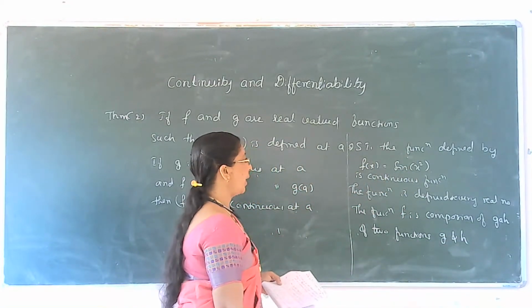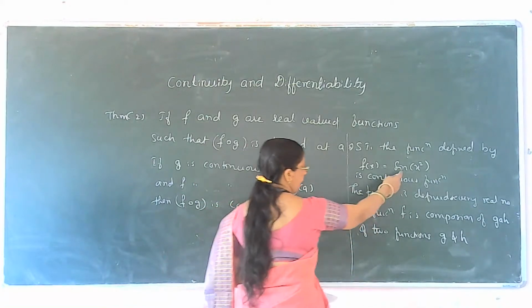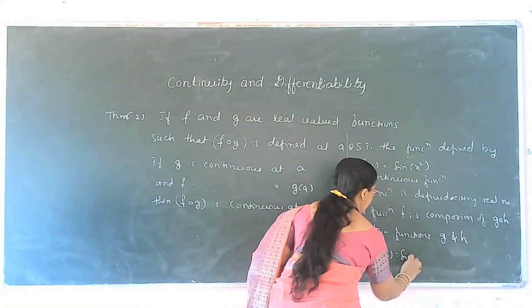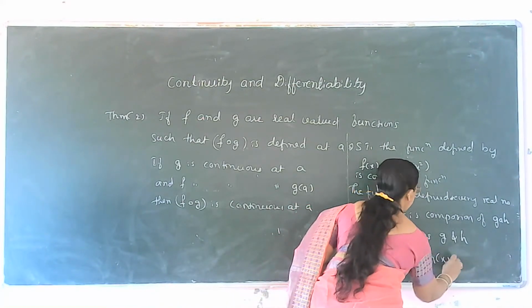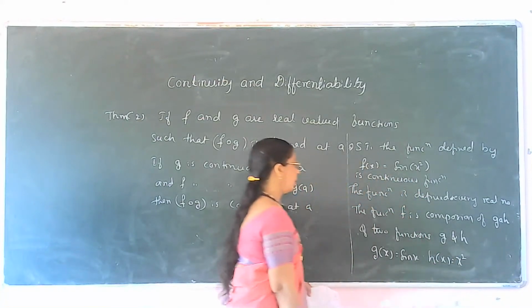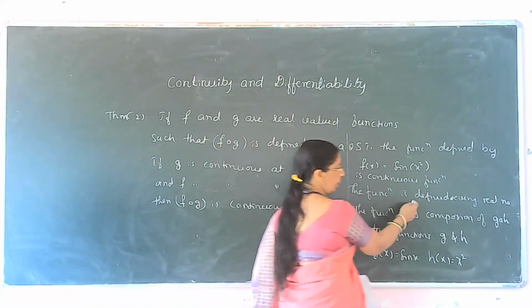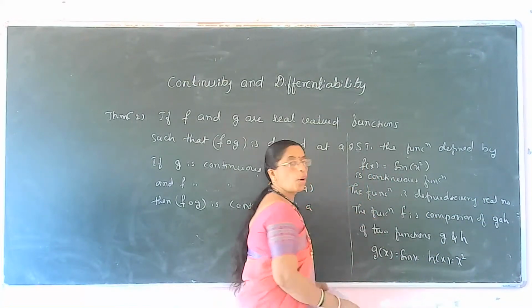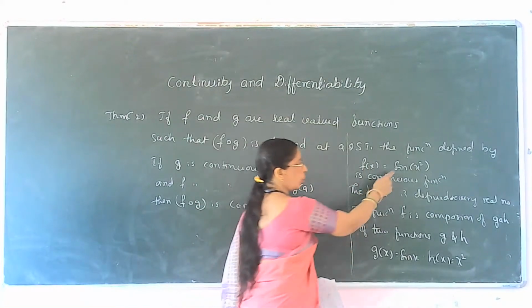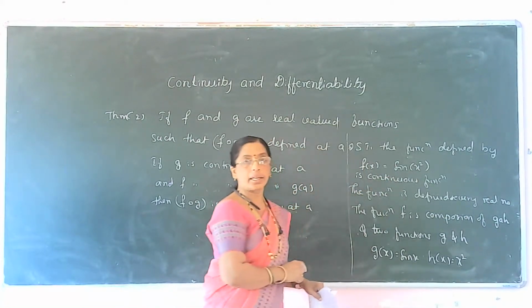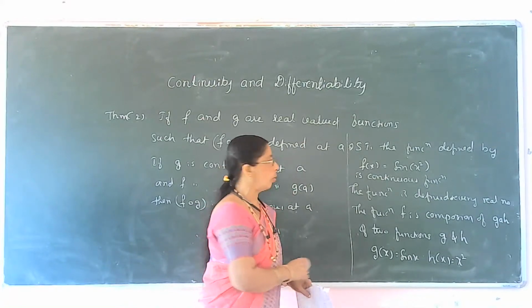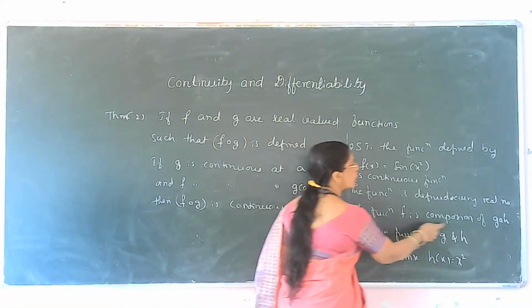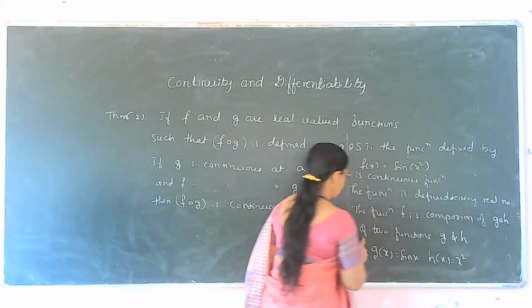We take g of x equal to sin x and h of x equal to x square. Then sin of x square is the composition g naught h.